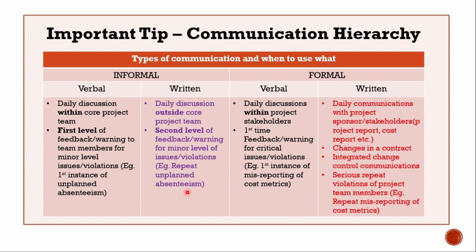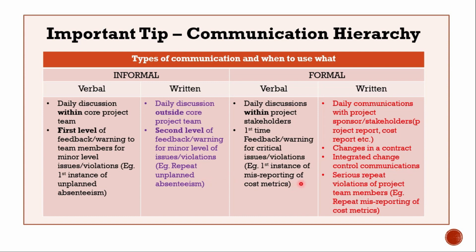It moves on to informal written communication, where you document this issue when there is a repeat of that miss. If that person commits a repeat unplanned absenteeism, then you do a documentation, but it's a bit of an informal one. You may send a one or two line email directly to him, letting him know that this is documented now and he should not commit this kind of mistake in future.